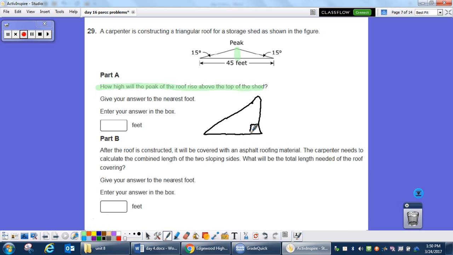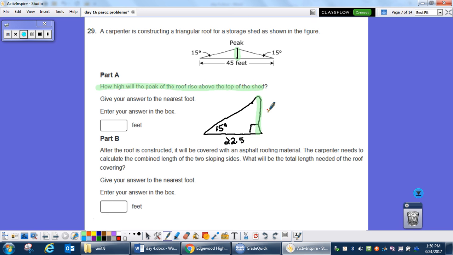Okay? And through the magic of math, this peak comes down right in the middle of the 45. So that makes this guy 22.5. The angle is 15 degrees. And we will be finding that side. So, in reference to what we have, let me switch back to pen.